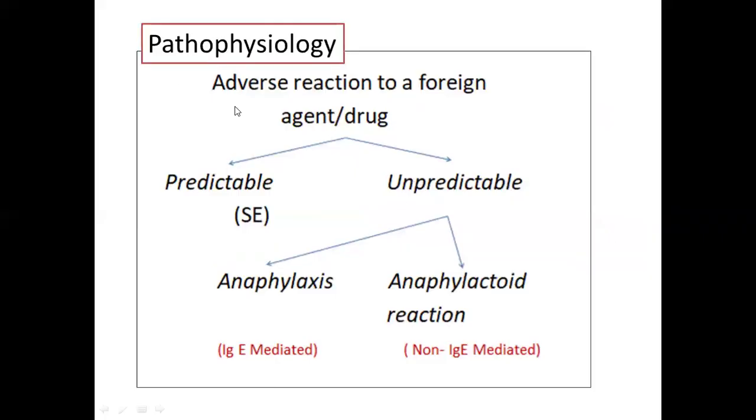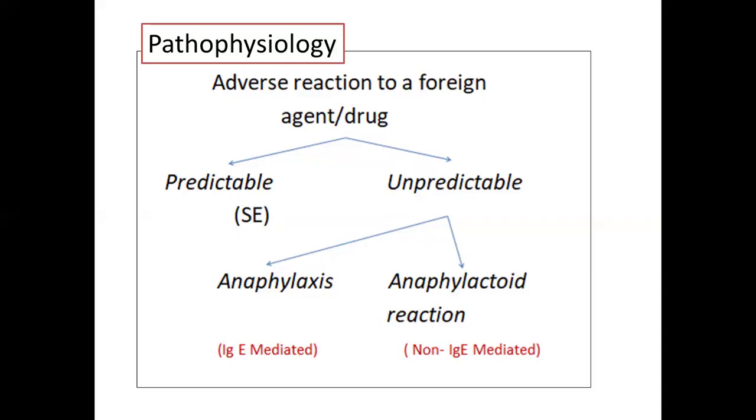So this is the anaphylactic pathophysiology. I have already discussed this earlier also. After the exposure, there may be predictable reactions like simple allergies. Usually anaphylaxis is unpredictable. For example, after taking amoxicillin, you get some unpredictable severe reaction.